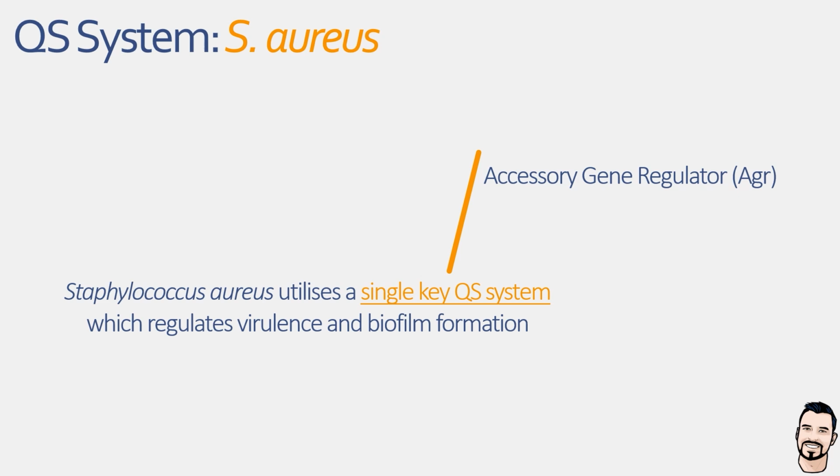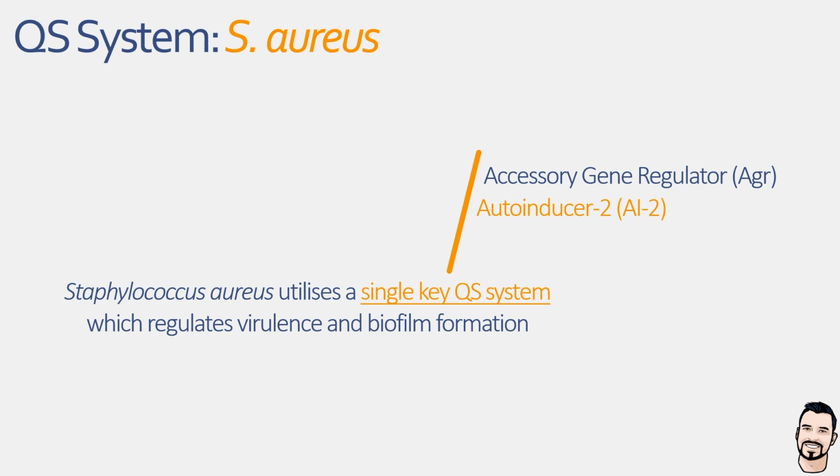Now, there is a second system known as the autoinducer 2 system, which is based on the Lux quorum sensing system seen in other bacterial species and serves as a universal signaling molecule, allowing Staphylococcus aureus to sense the presence of other bacterial species, functioning as a mechanism for interspecies communication.